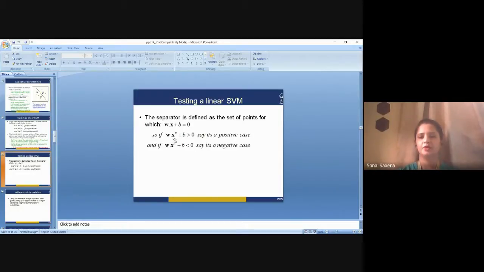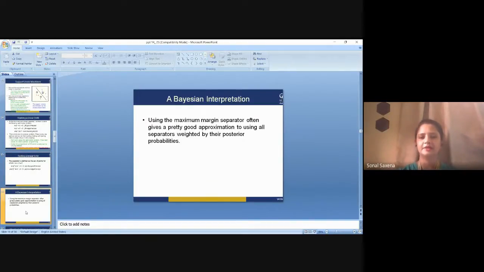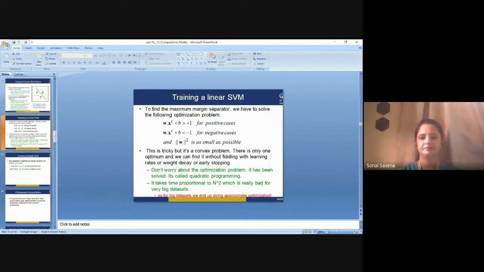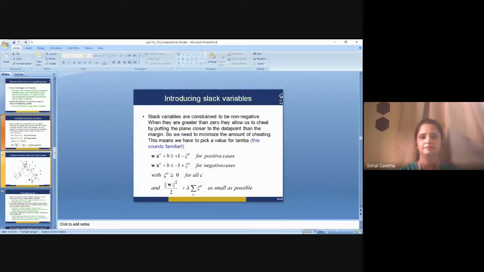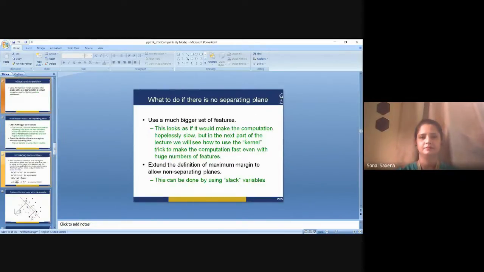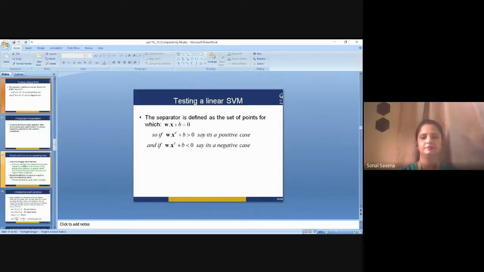So if w into x plus b is equal to 0, we say that this is a positive case, and if it is less than 0, we say this is kind of a negative case. So what exactly is a hard margin?